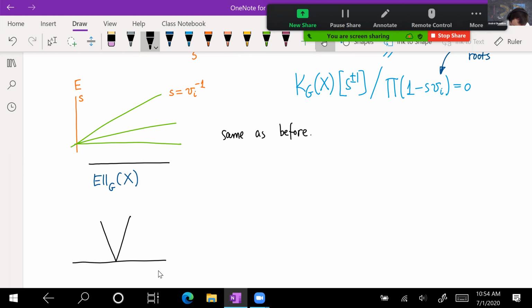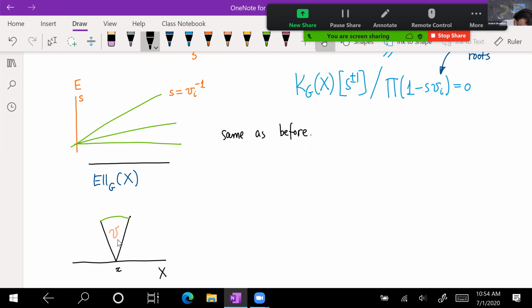I draw it like this. So this was X, and this was a vector bundle called E. And then I can take the unit ball bundle and collapse it.